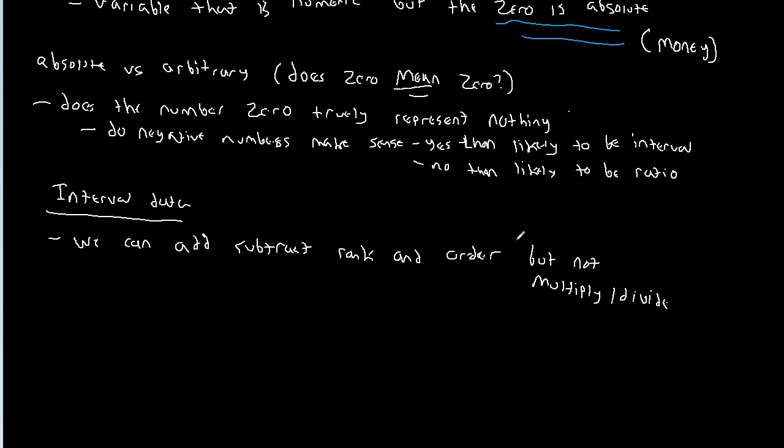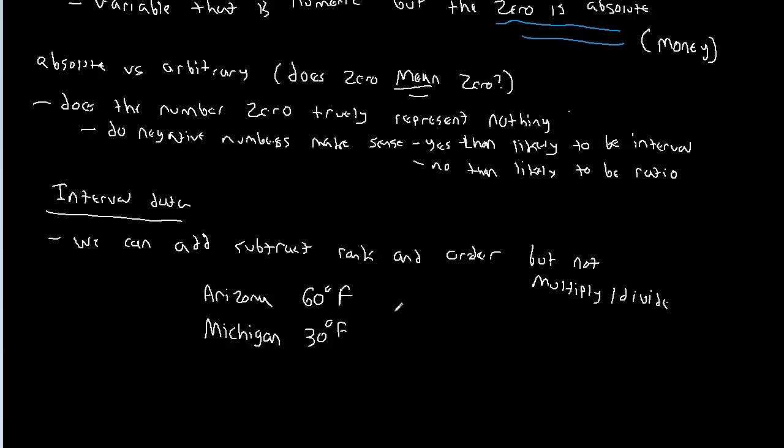So what do I mean when I say that we can't multiply and divide? Say, for example, Arizona is 60 degrees Fahrenheit. Meanwhile, Michigan is 30 degrees Fahrenheit. So this is interval data.